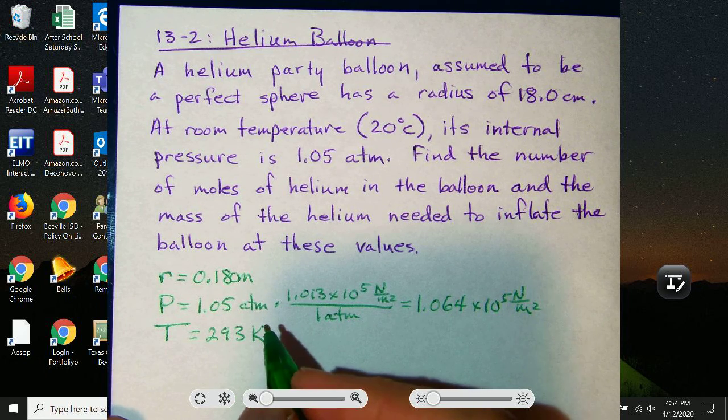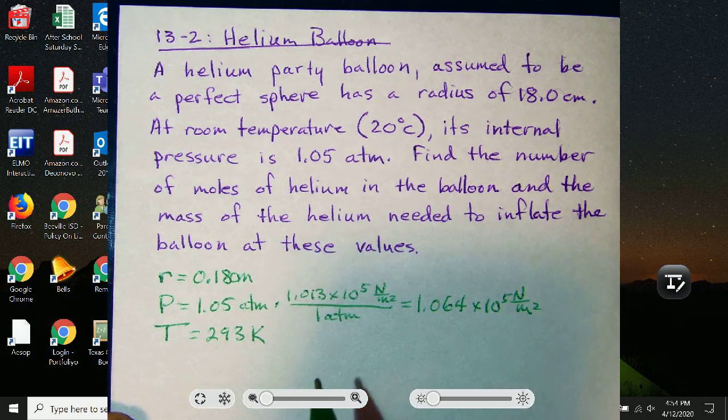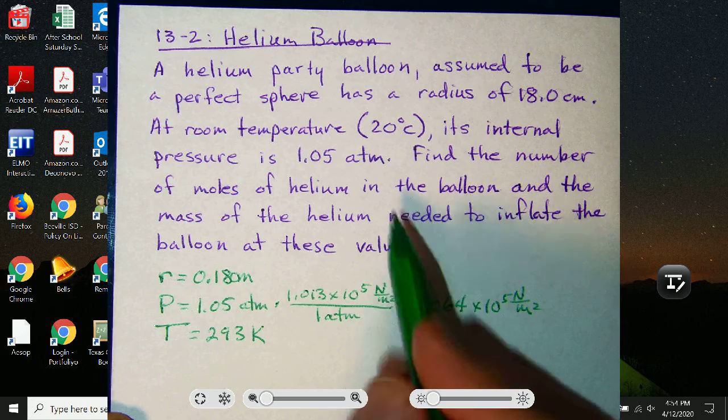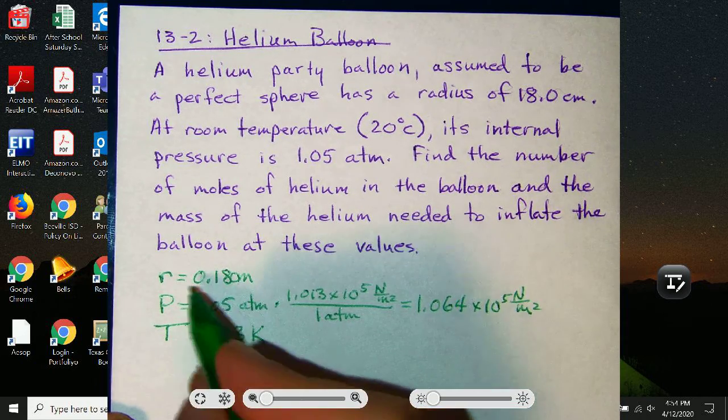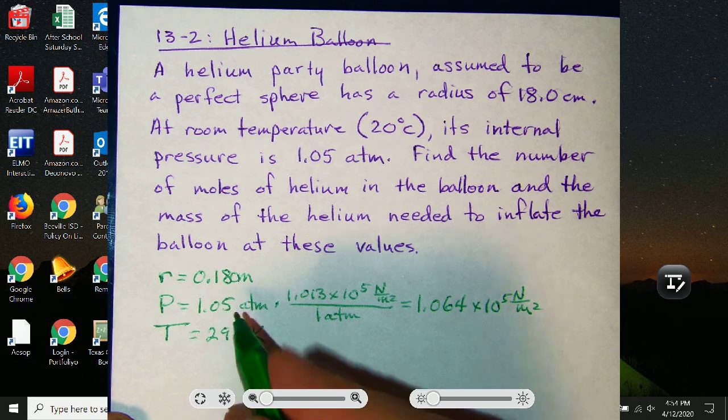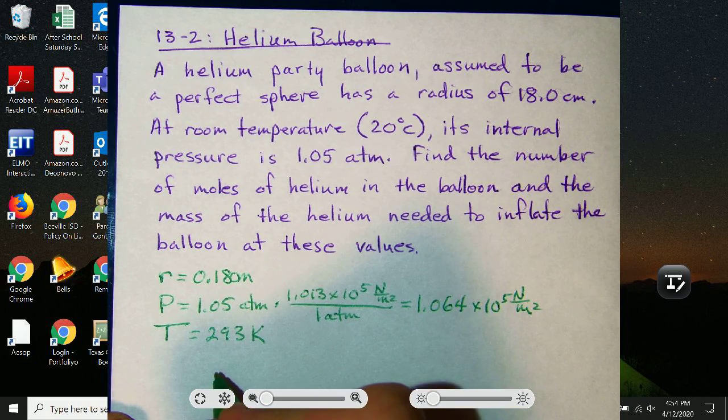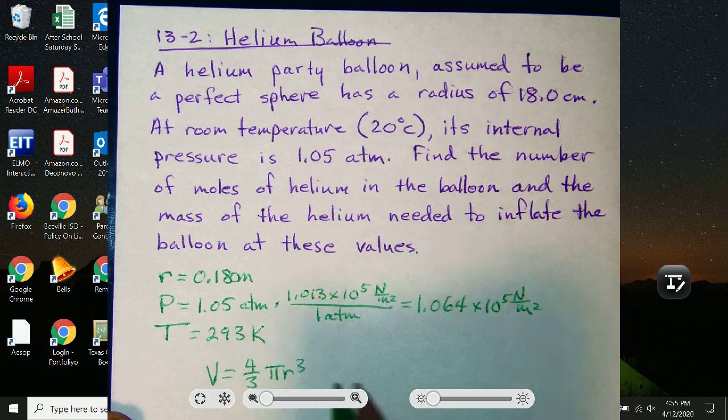Okay, the other thing that we need here is the volume. So our volume we can get from the radius of the balloon. It's a sphere. The equation for a sphere is 4/3 pi r cubed.